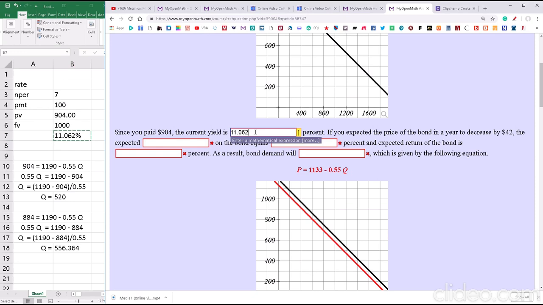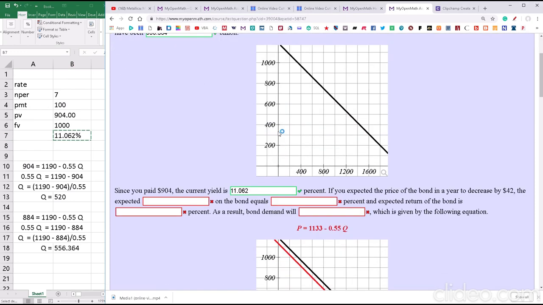Get rid of the percent symbol. So far, so good, right? If you expected the price of the bond in a year to decrease by $42, right? Decrease by $42. The expected blank on the bond equals what percent?